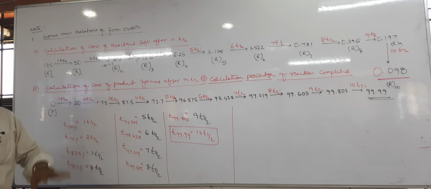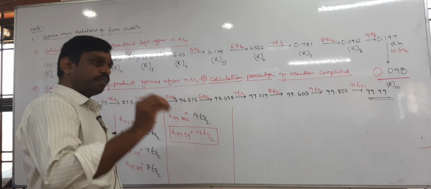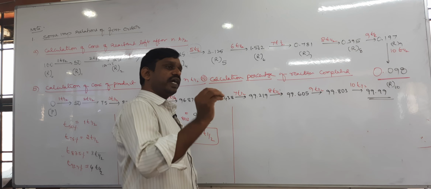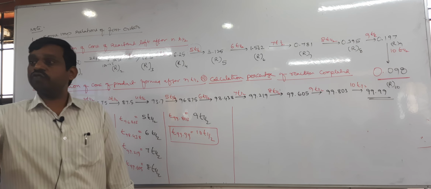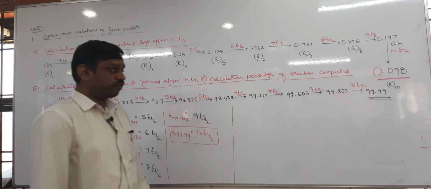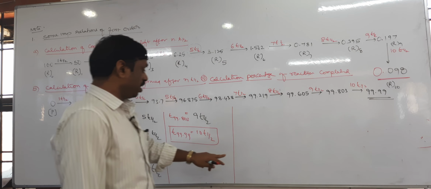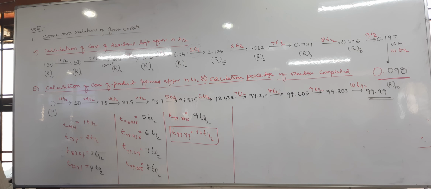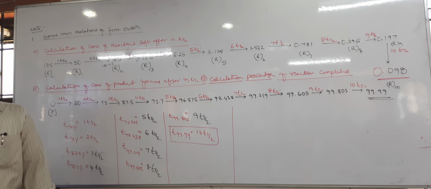What is the time required to complete 99.99% of the first order reaction if t half equals 5 minutes? To complete 99.99% it requires a total of 10 t half. So 1 t half is 5 minutes, 10 t half is 50 minutes.